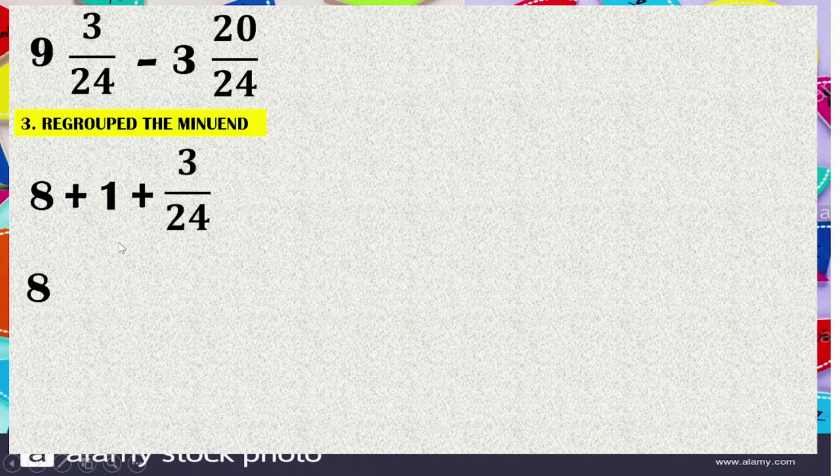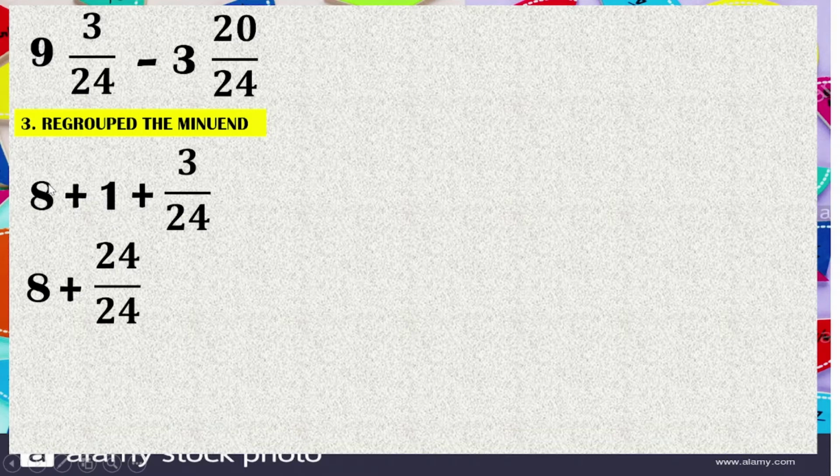Hindi na tayo mag-iisip ng ibang number pa na magiging fraction. Kung ano yung denominator dito, yun ang kunin mong fraction para magka-same sila ng denominator. Ayan, plus, yan, 24 over 24. Diba? 24 divide 24 is 1. Ganun lang po. Okay? 24 over 24 is 1.